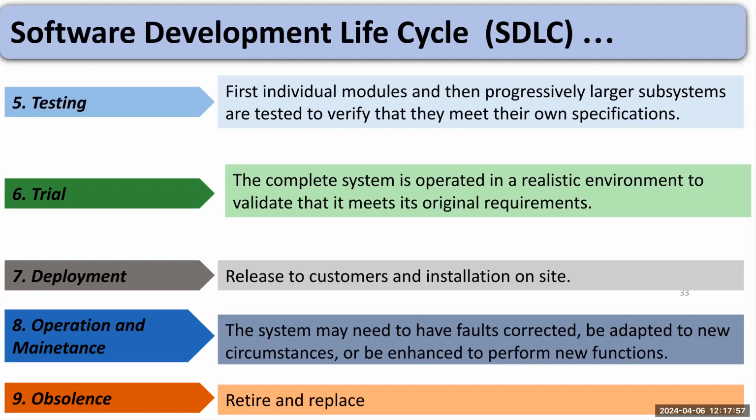After installing at the customer company, they have to frequently check how faults occur and how to recover from them, and the obsolescence, that means retire and replace. Every software also becomes obsolete, that means it doesn't work anymore, it is retired, and we need to give a new one.